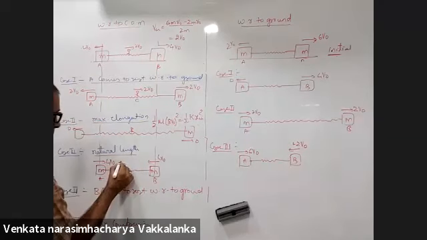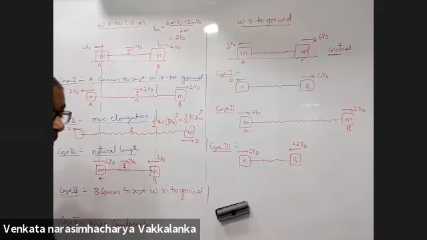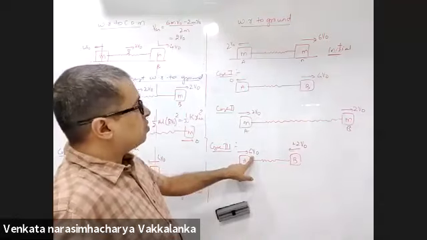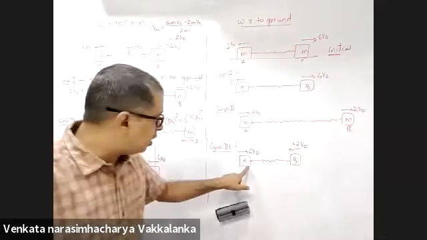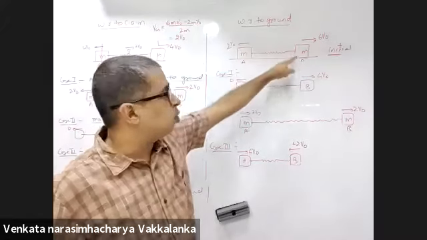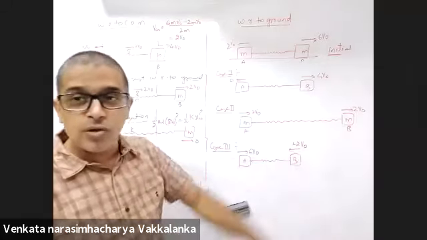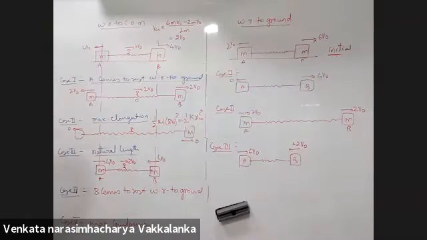So with respect to ground, this has 6v0 and this has minus 2v0. Now do you know why the answers are matching? Because both are of the same mass. Initial condition, final condition, values of velocities are the same because both of them are of the same mass.